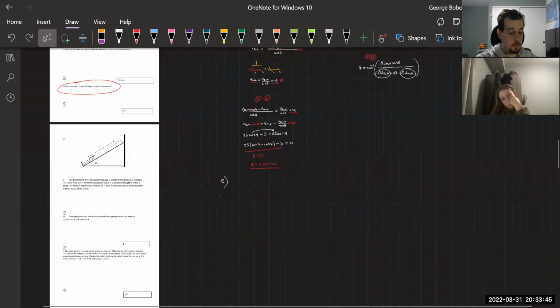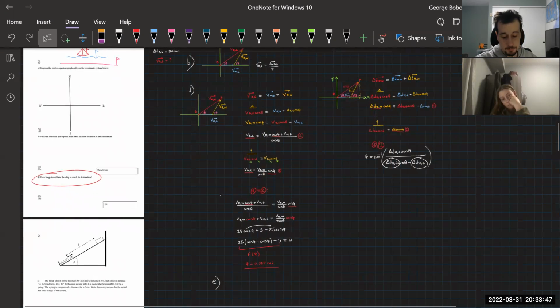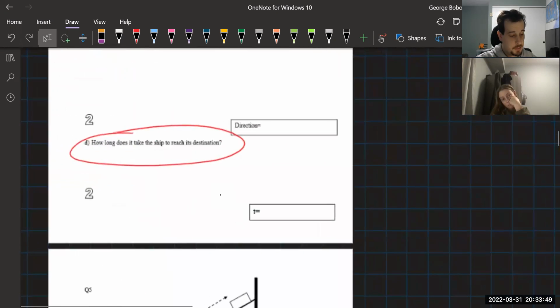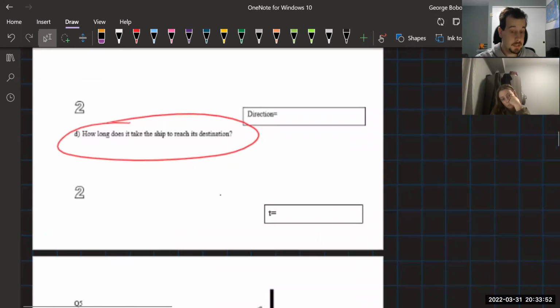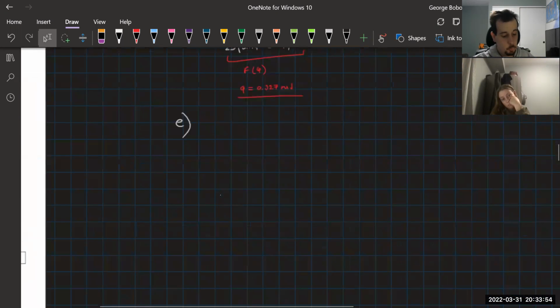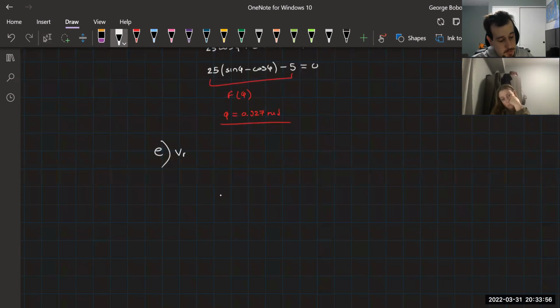Okay. Well, to find the time, see how it says, how long does it take the ship to reach its destination? Well, we probably need this guy to get involved right now. Because we know that the length of this is 50 kilometers, but we don't know the time.